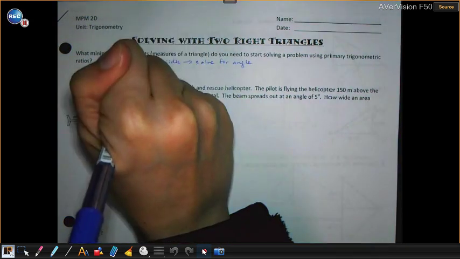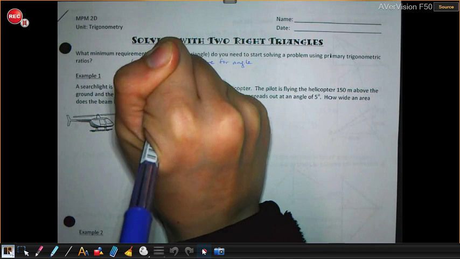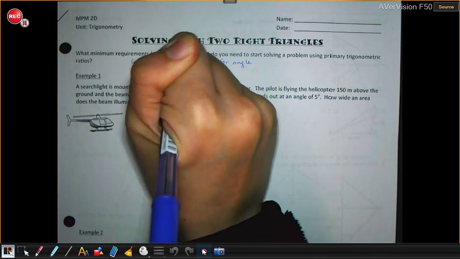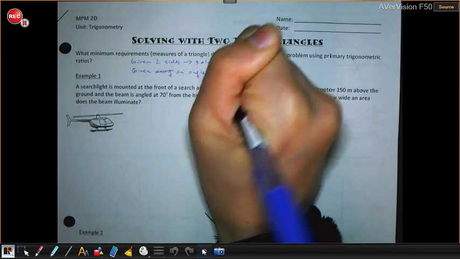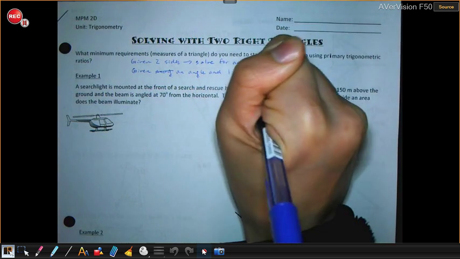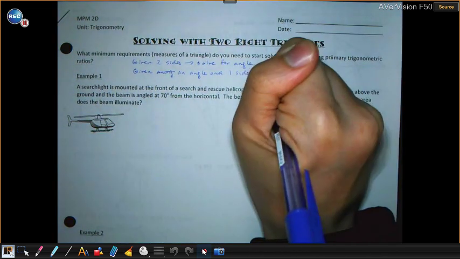Whereas if we're given one angle, a reference angle, and one side, then we can solve for another side.